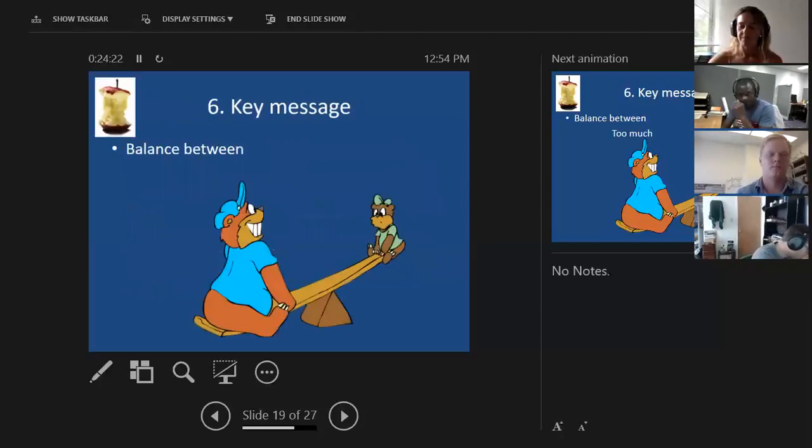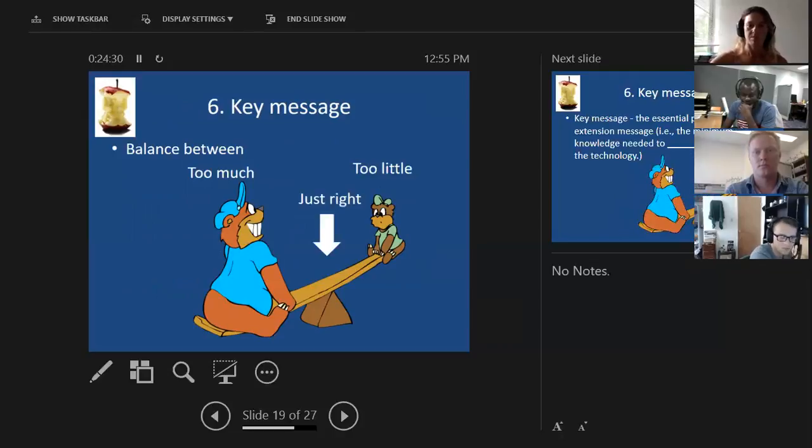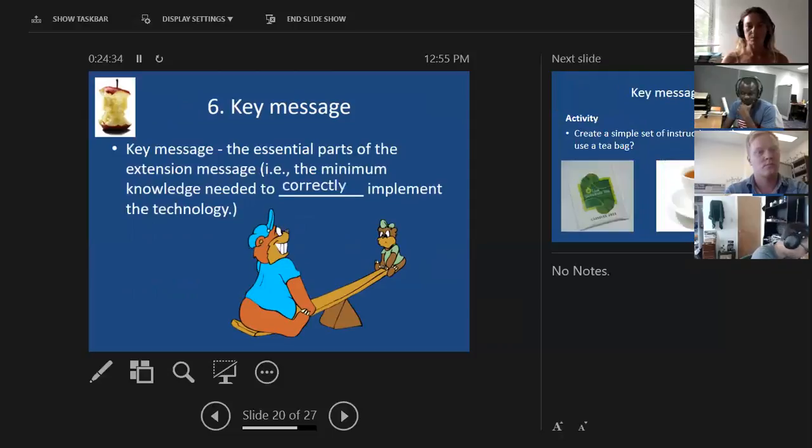So this whole idea is that the key message is a balance between too much, too little, and just right. The essential parts of the key message are the essential parts of the extension message: the minimum knowledge needed to correctly implement the technology.